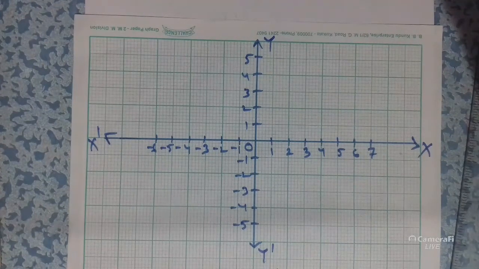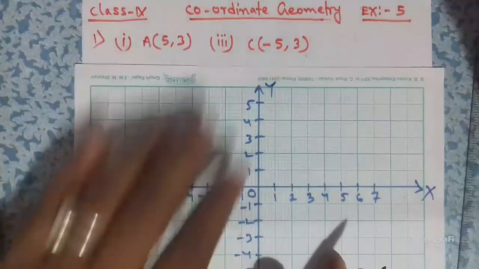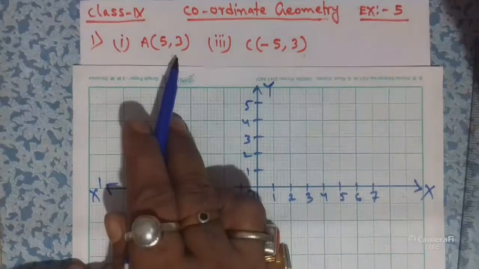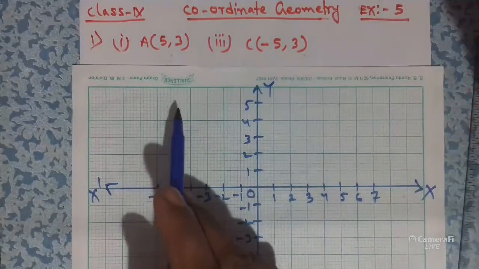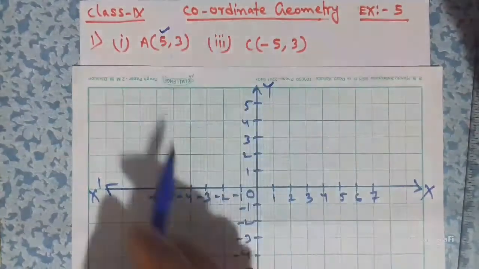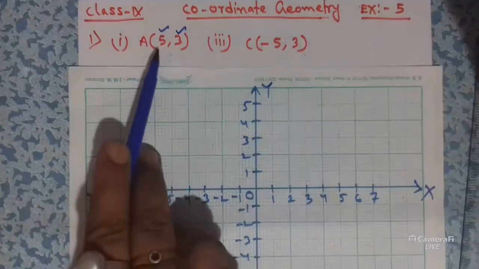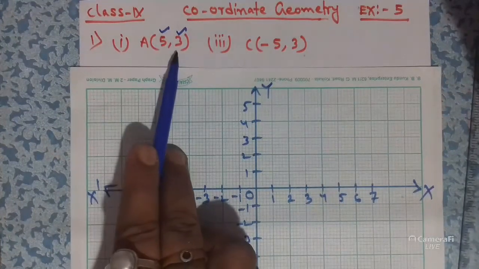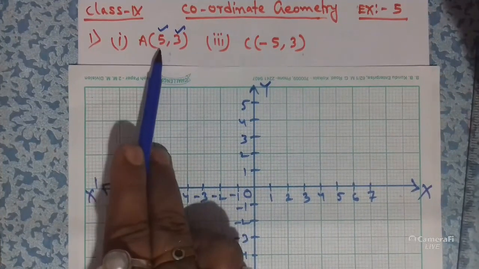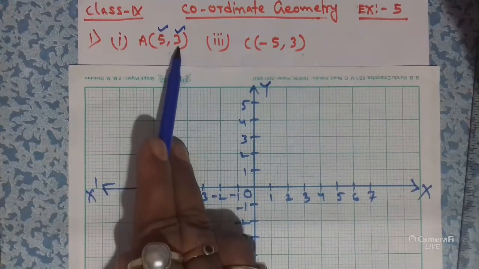Now after this we have to plot the points. So the first point is (5, 3). Always remember students, this one is the value of x and this one is the value of y. This is called abscissa and this is called ordinate. So x is equal to 5 and y is equal to 3.